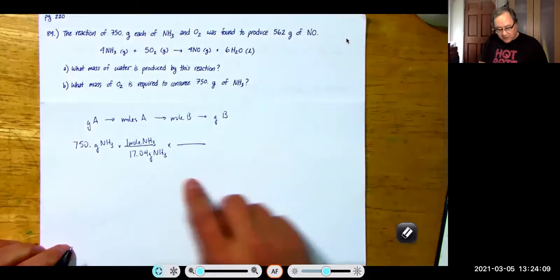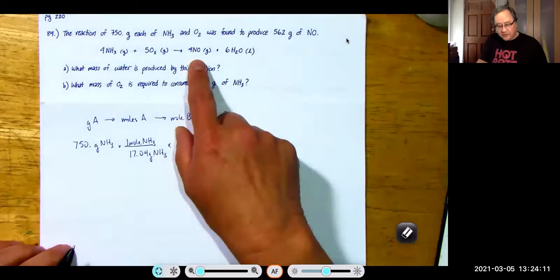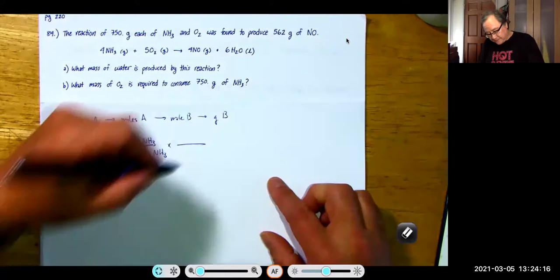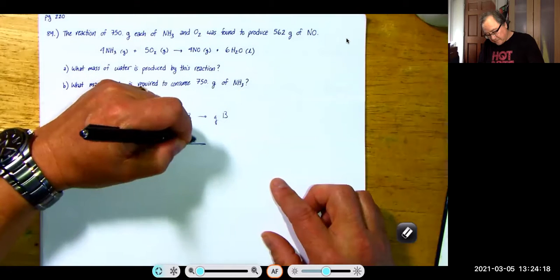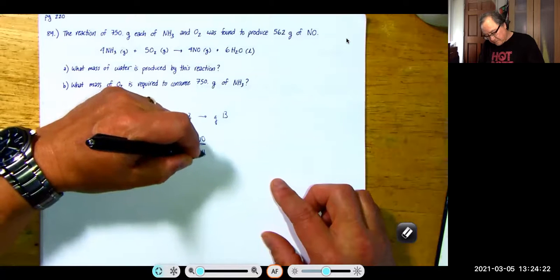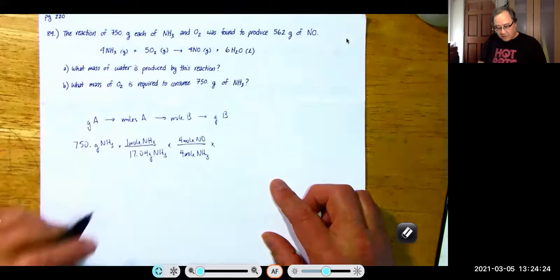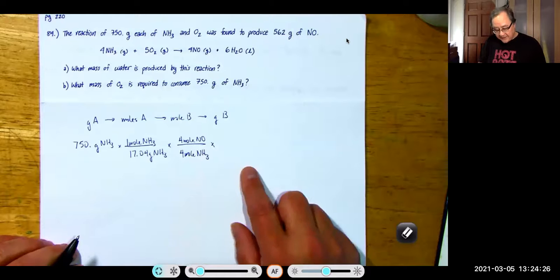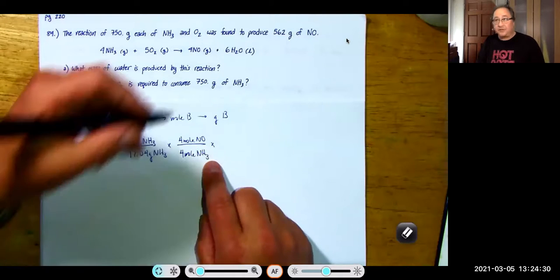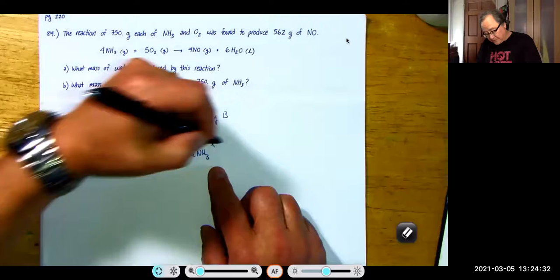The mole ratio of ammonia to nitrogen monoxide is 4 moles of nitrogen monoxide to 4 moles of ammonia. The molar mass of nitrogen monoxide is 14.01 plus 16, which comes out to 30.01.